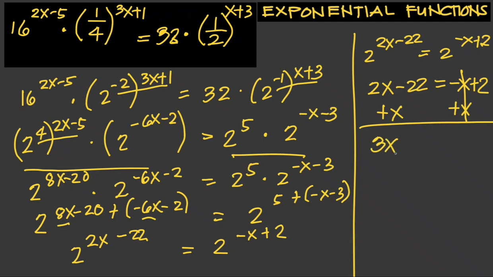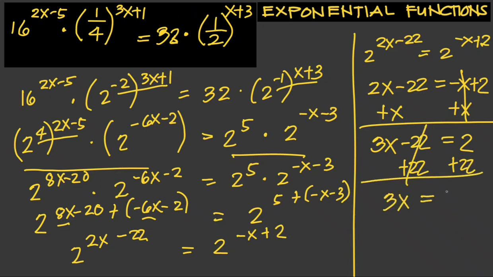So this is 3x minus 22 equals 2. And then we add 22 to both sides. This cancels out and we're left with 3x equals 24. Dividing both sides by 3, we get our x as 8. So that is our solution.